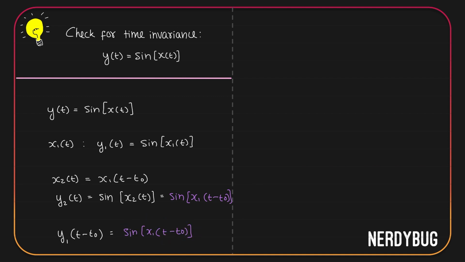And this is the same as the output we got when we gave an input that was a time shifted version of the original input. That is, x1 of t minus t naught did give us y1 of t minus t naught. So we can conclude this system is time invariant.